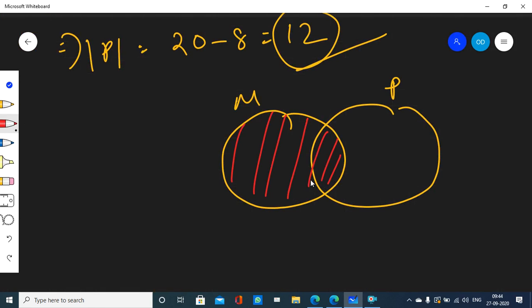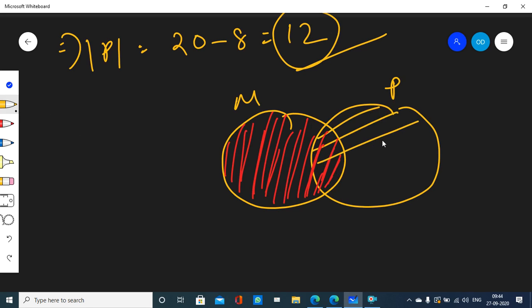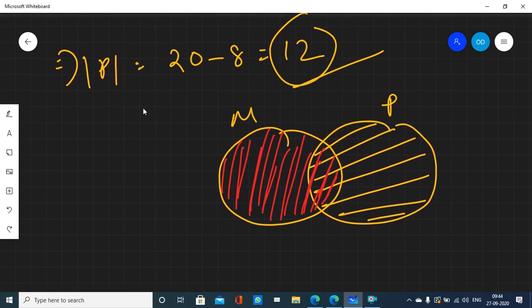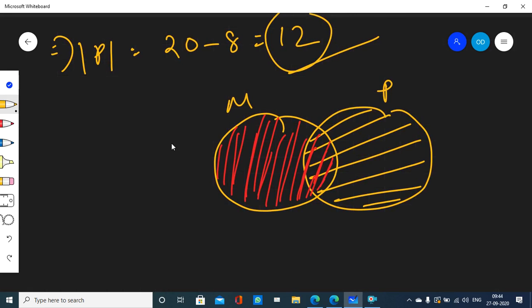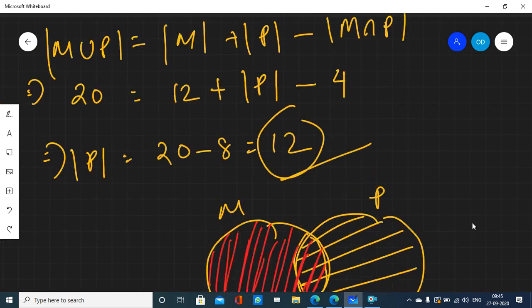All the teachers who teach mathematics will be here, all 12. Now those teachers who teach physics will be here. But there are 4 teachers who teach both, so those 4 teachers are staying in this region, where the red and yellow are combined. Got it?